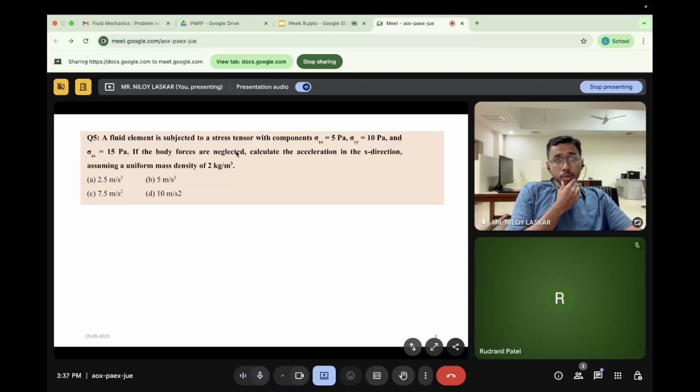So either you will be able to solve this one, or I will have to solve it for you. So please let me know as I start this.